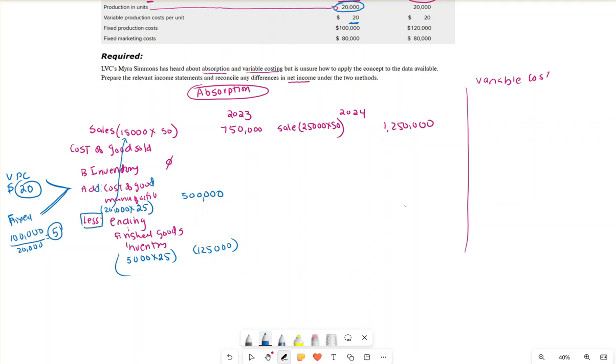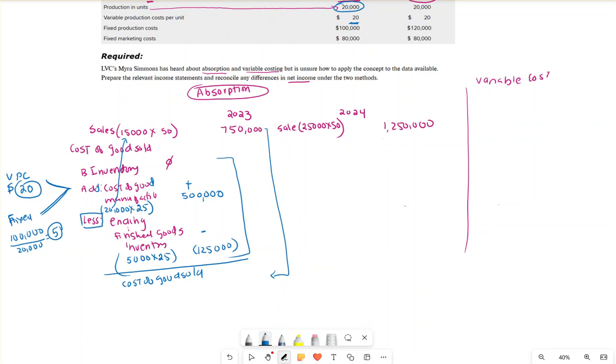If it's an ending finished goods, we have to minus it. If I have beginning plus what you manufactured minus what you have in ending inventory, what does that give you? Cost of goods sold. And the difference between the cost of goods sold and your sale will be your gross margin.